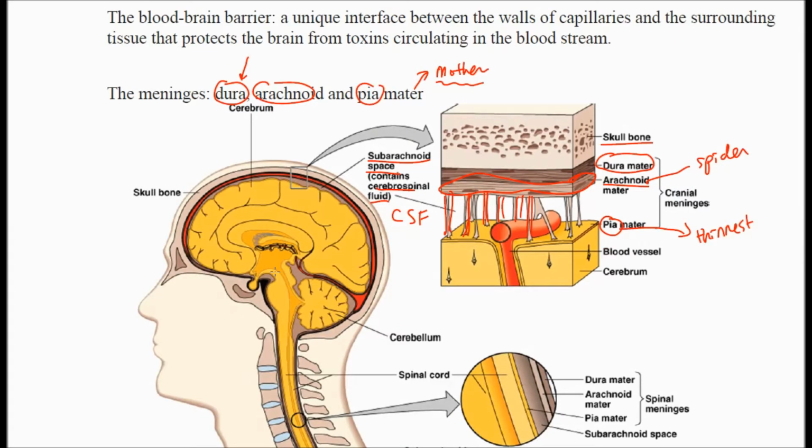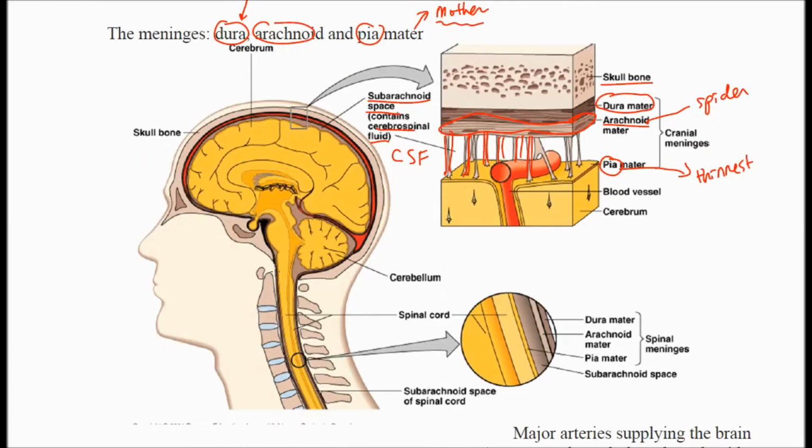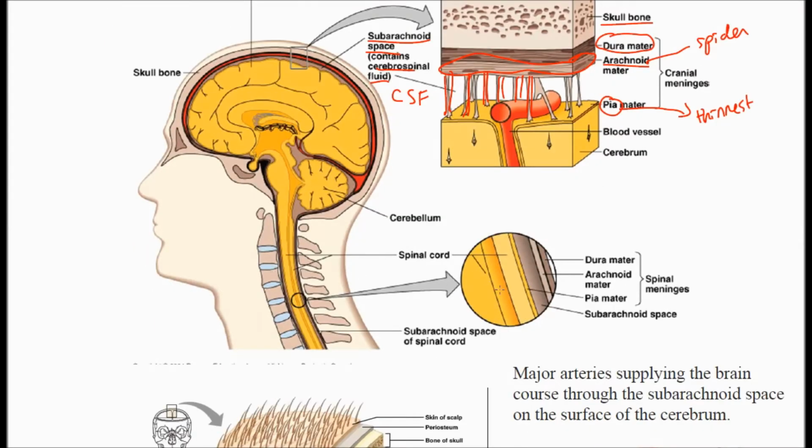If you go down to the spinal cord, the same meninges covers the spinal cord, so the outermost will be dura, and underneath dura there's arachnoid mater, and between arachnoid and pia mater there's a subarachnoid space, again filled with cerebrospinal fluid, and that's the pia mater, the innermost.